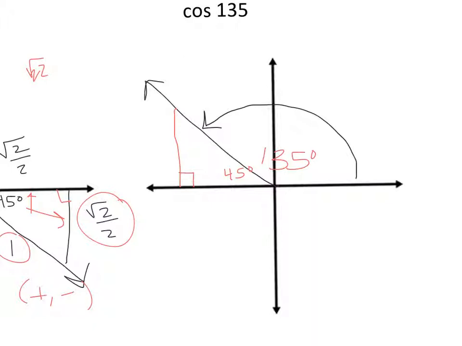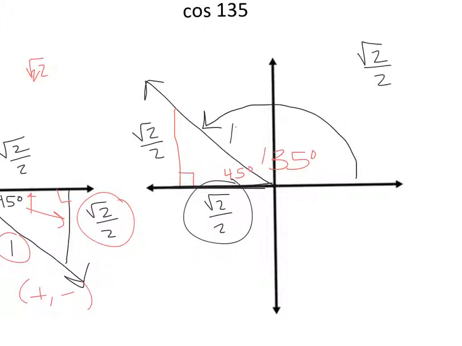So now we're going to label the side lengths of our 45, 45, 90: root 2 over 2, root 2 over 2, and then 1. So the cosine is the x value, or adjacent divided by hypotenuse, so it's going to be root 2 over 2. But look how I'm in this quadrant over here, and my x is negative, so my answer has to be negative root 2 over 2.